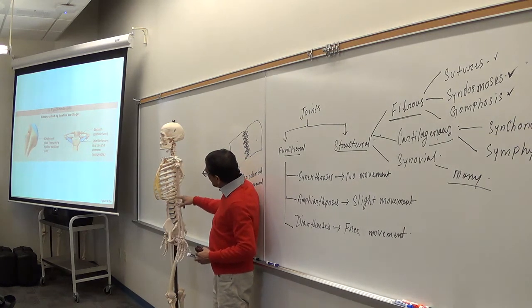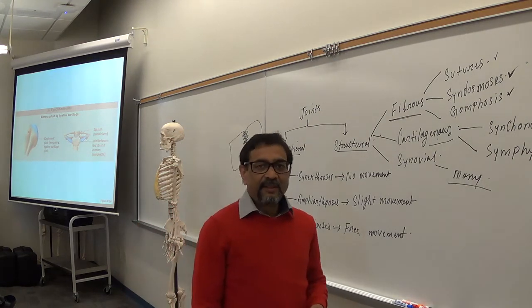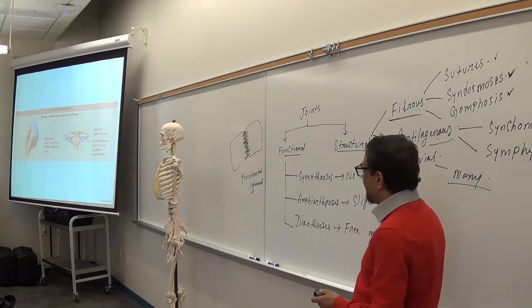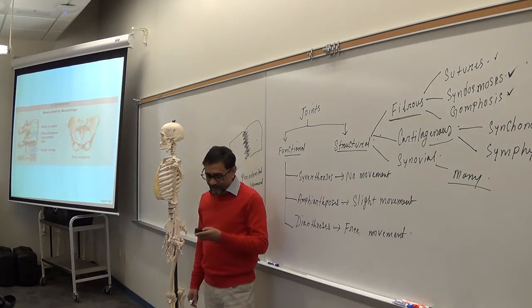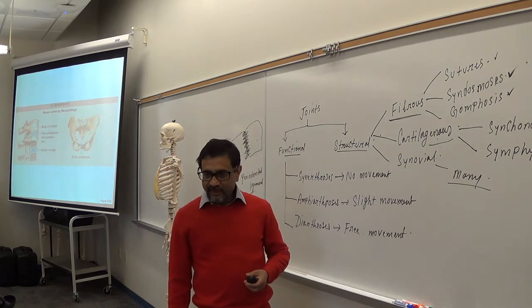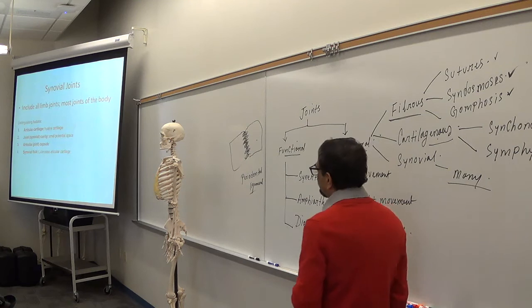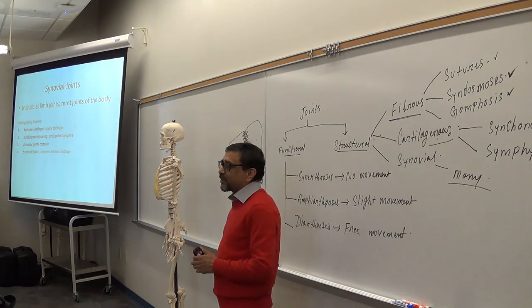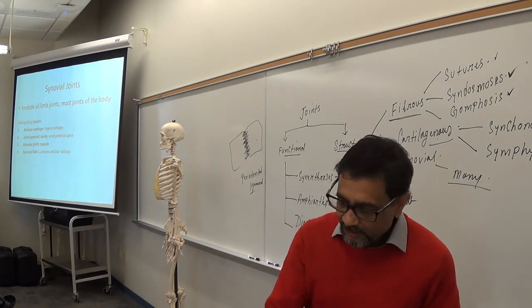So that is also synchondrosis joint. Usually fracture occurs there. Here symphysis, fibrocartilage, pubic symphysis, and intervertebral joints. So that is the classification of the joints, functional and structural.